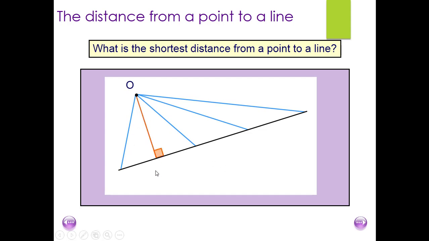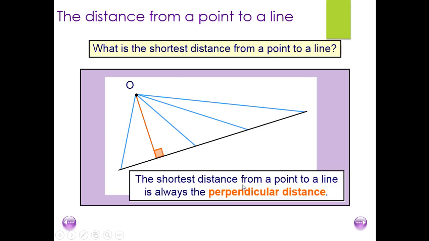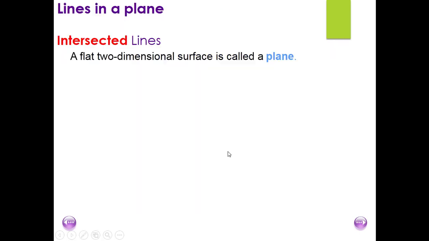This is the shortest one. So the shortest distance from a point to a line is always the perpendicular distance.